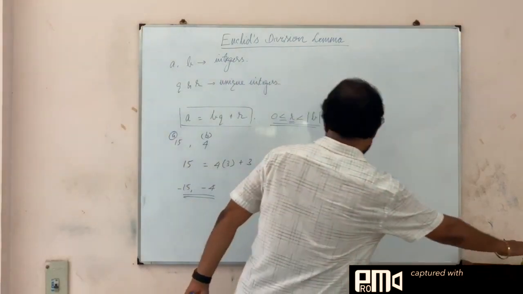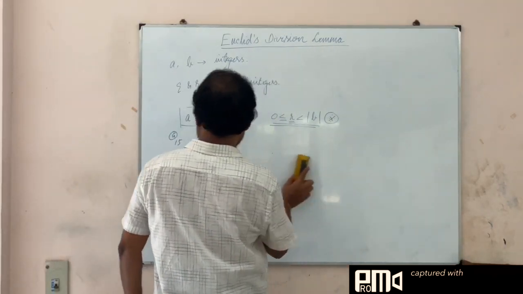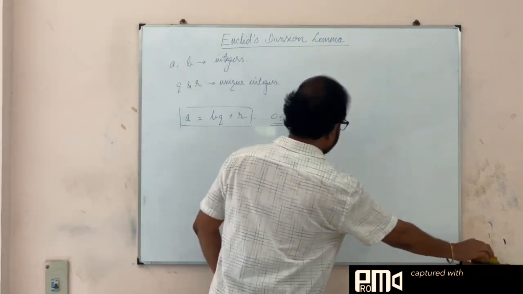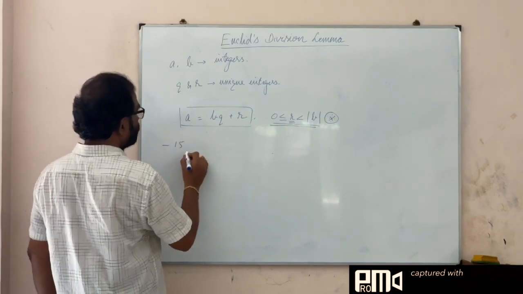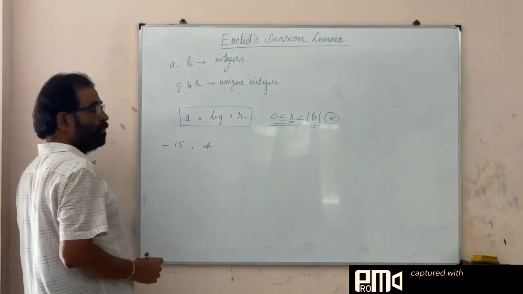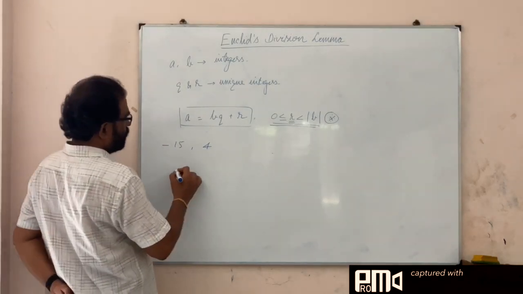Let's see one more example. I take minus 15 and plus 4. How do we write this?